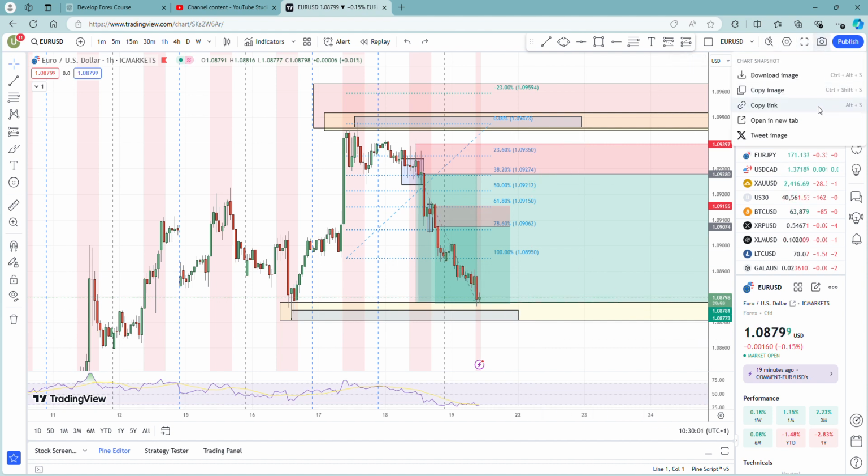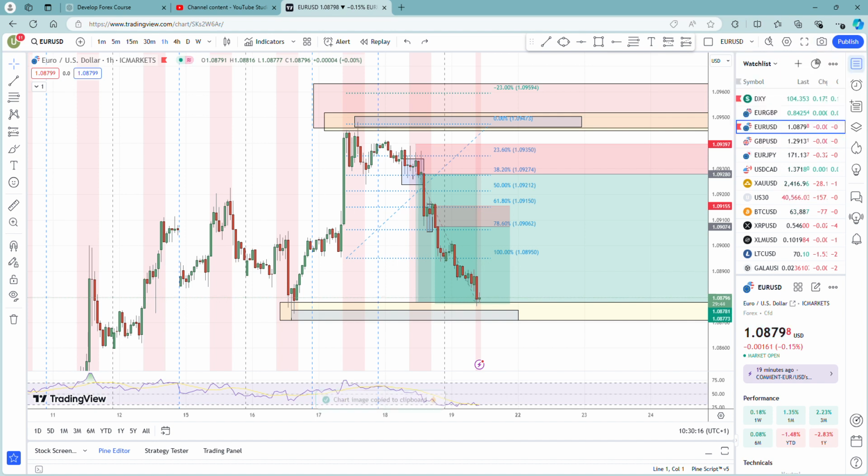I'm just going to make a screenshot of that and add it in my diary if you give me a second, just so I've got a trading journal so I can keep track of my trades. Copy image. Cool. So that's yesterday's trade.